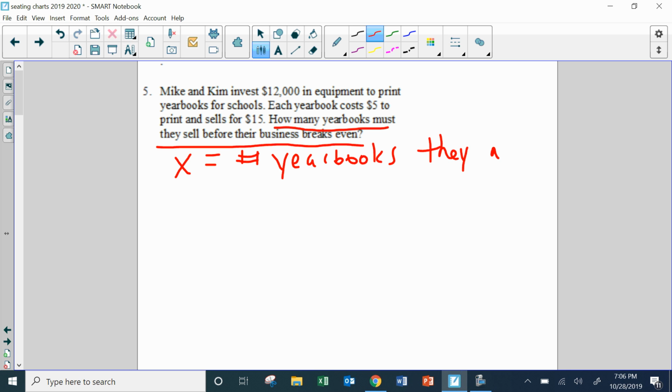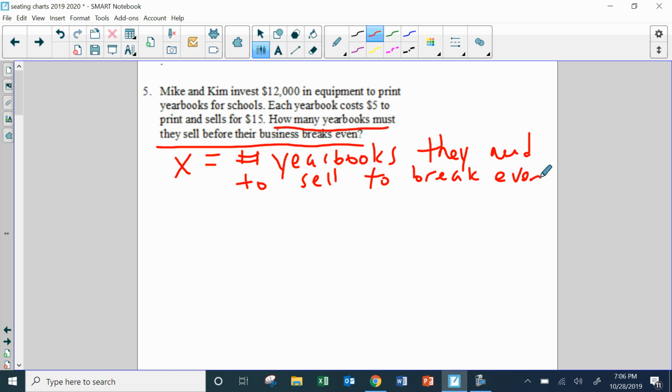They need to sell, and to break even is kind of important, so I'm going to put that in here. So the number of yearbooks they need to sell to break even. The reason to break even is important is because if you don't know what that means, you can't solve the problem.